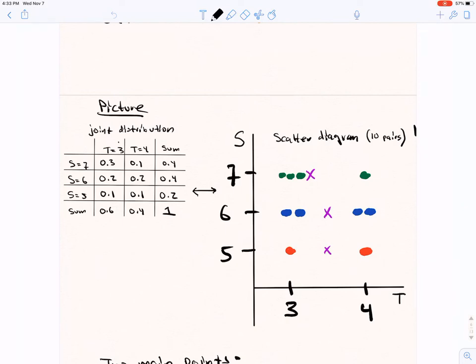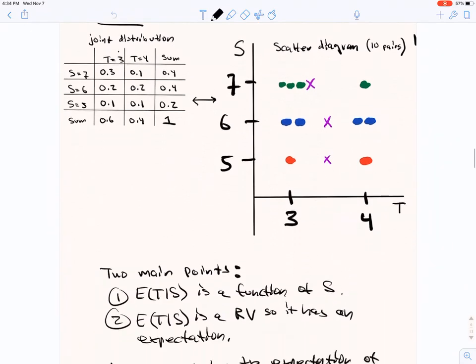I have 1 point that's S of 7, T is 4. And I've drawn an x to show where the conditional expectation is with S is 7. So of course it's some number between 3 and 4, leaning more closely to 3 because we weigh the 3 more than we weigh the 4, right? So it's 3 1/4 versus 3 1/2 for when S is 6 and S is 5. So it's kind of a visual way of seeing this.